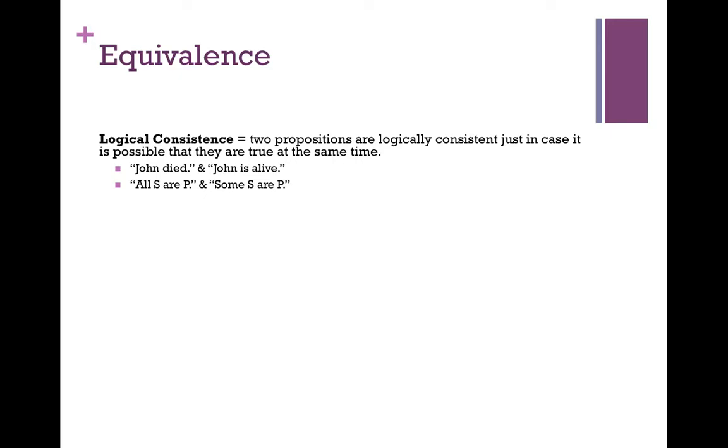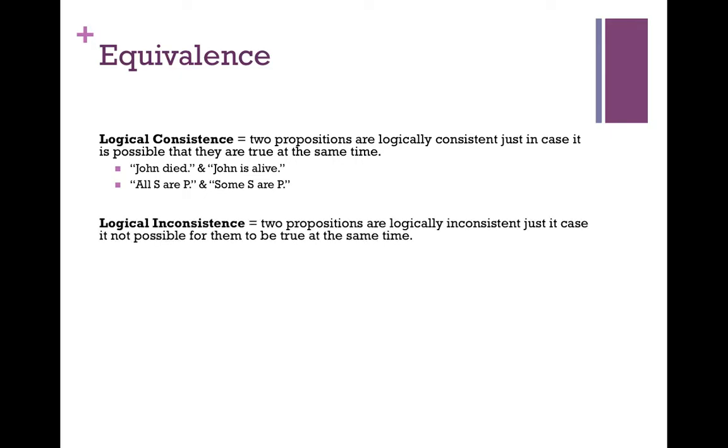Now, we can contrast logical consistency with logical inconsistency. Two propositions are logically inconsistent just in case it is not possible for them to be true at the same time. We studied this last class when we looked at the square of opposition. Here's an example: John is dead and John is alive. It is just not possible for these two statements to be true at the same time. You might say, well, he's dead spiritually but alive physically.